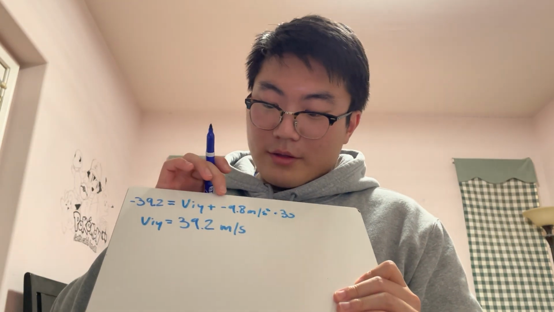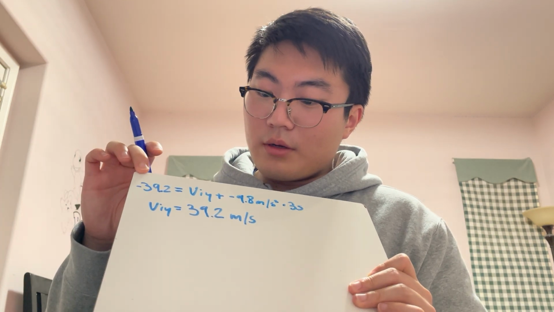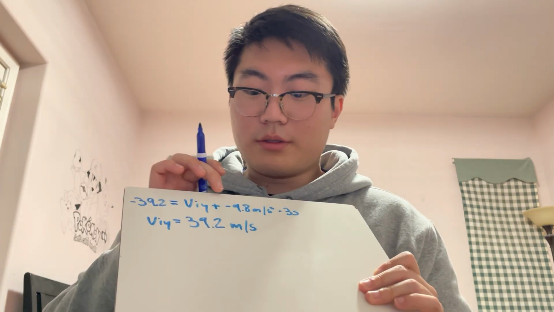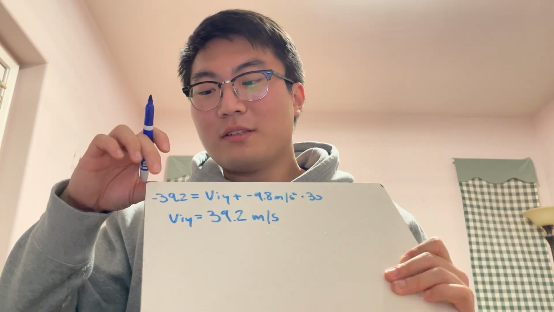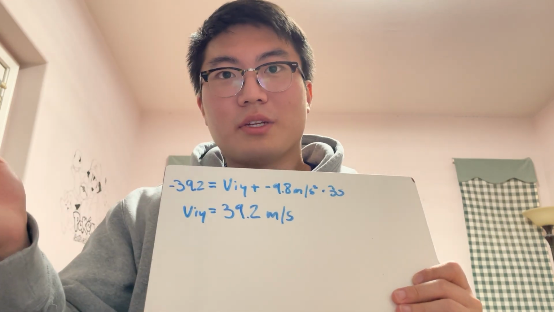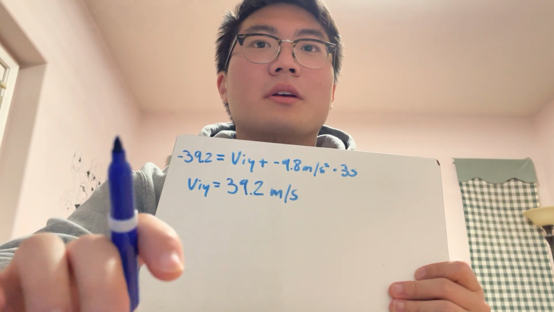And 9.8 times 3, when you add it to this, this is 9.8 times 4, so you just get 9.8 but negative, because 9.8 times 3 is less than 9.8 times 4.